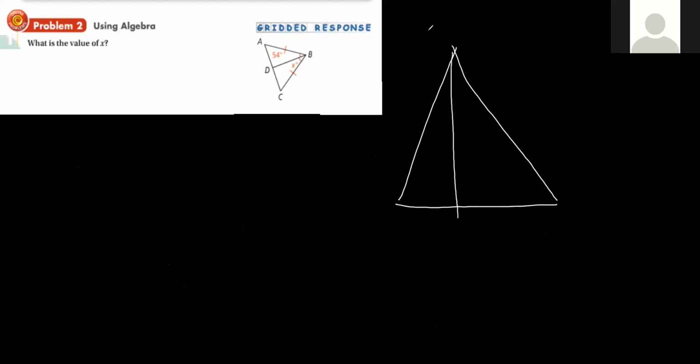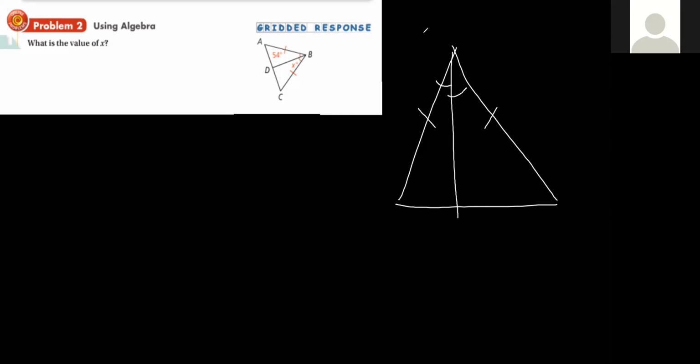Now, look at this problem here. In this problem, he told me before that we have this triangle, and in this triangle there's a bisector. Two of these angles are equal. It comes from the vertex angle, and it makes this an isosceles triangle.